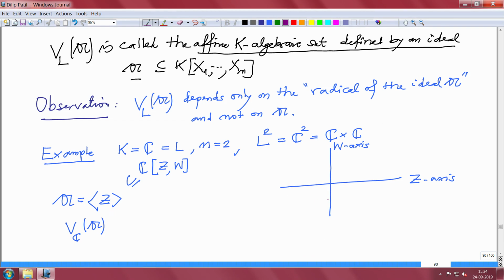So, this is the W axis. The W axis is precisely this. This is precisely V C of Z. Z is 0, so it is the W axis. Now, suppose I would have taken the ideal B generated by Z square.